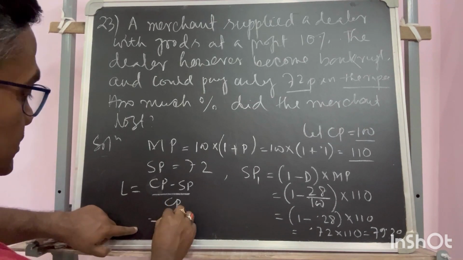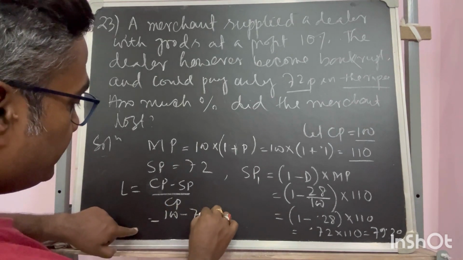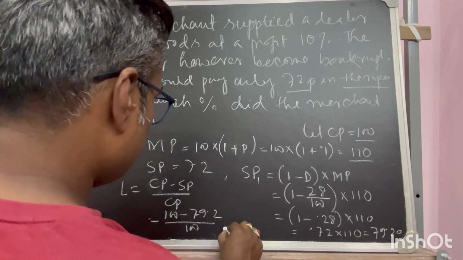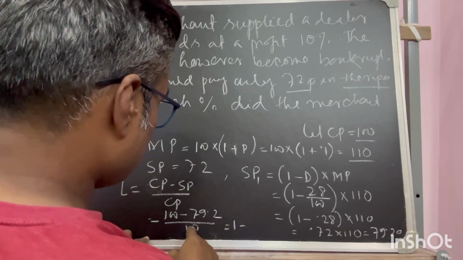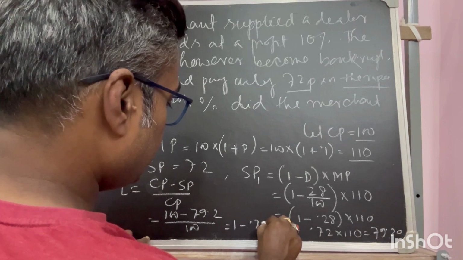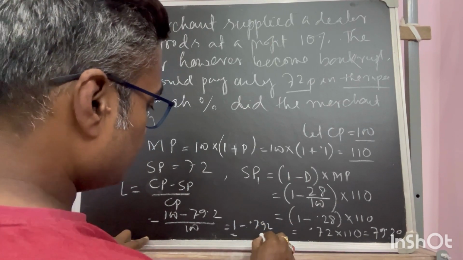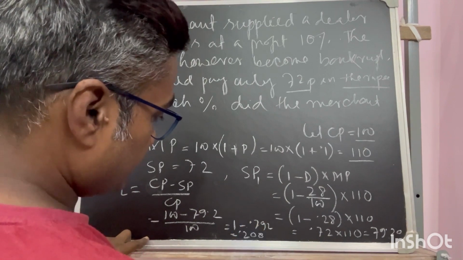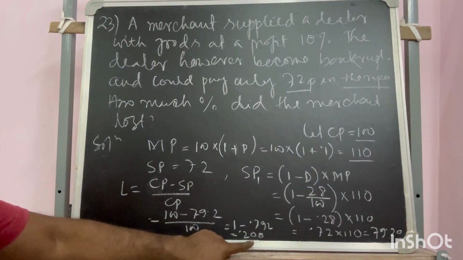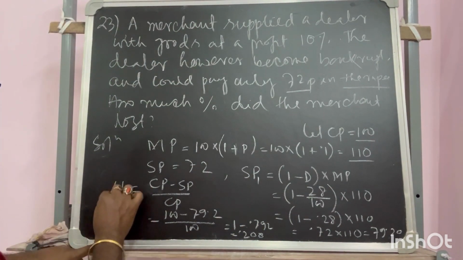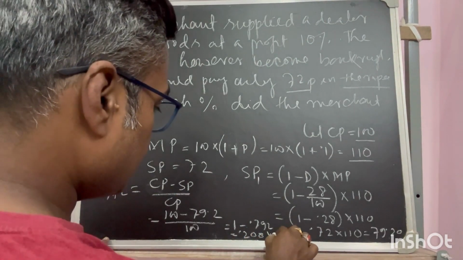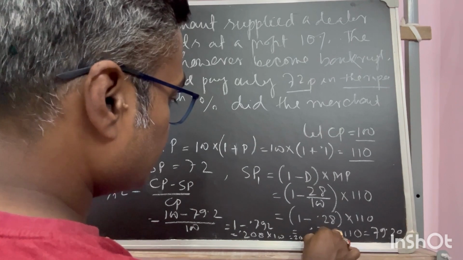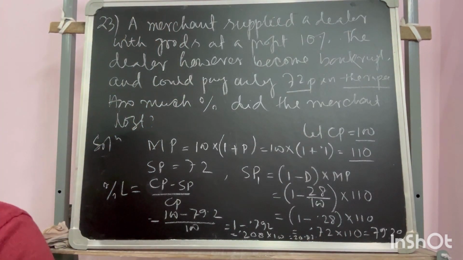So cost price is 100 minus 79.2 divided by 100, which is equal to 1 minus 0.792, which is 0.208. Percentage wise, I multiply it by 100, so that means 20.8%. Understood?